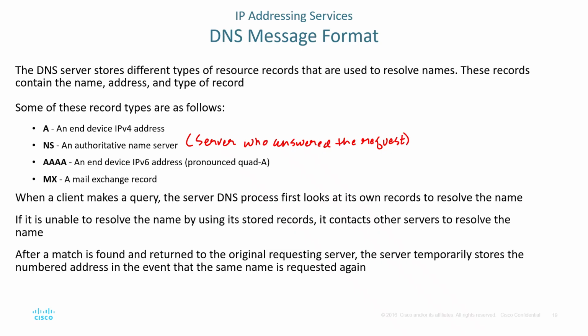Capital AAAA is an end device IPv6 address, pronounced quad A, and MX is a mail exchange record.